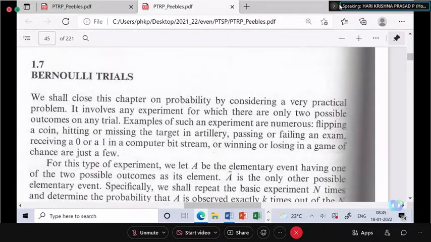What does it mean? If I assign the probability of occurrence of one event as small p, the probability of occurrence of the other event becomes 1 minus p. That is how we define the two possible outcomes of an experiment.